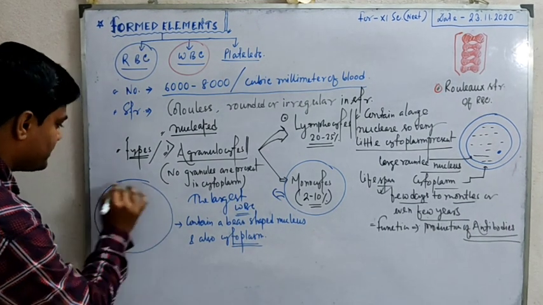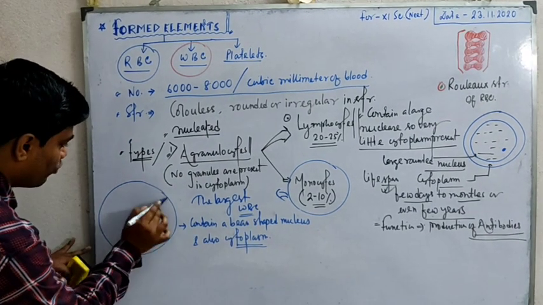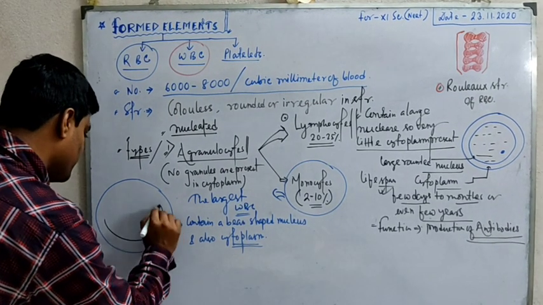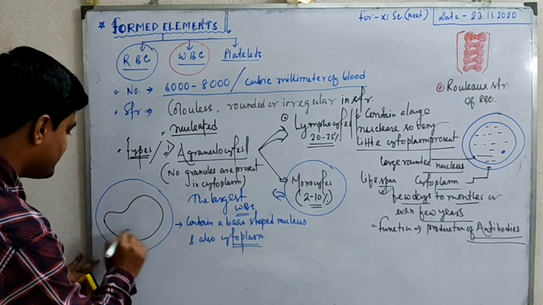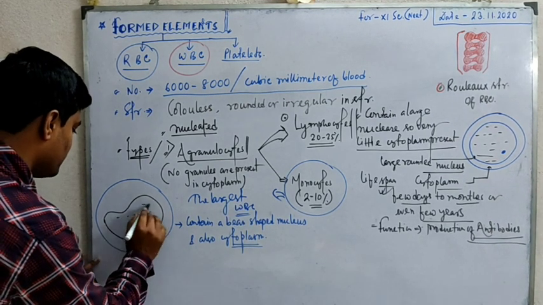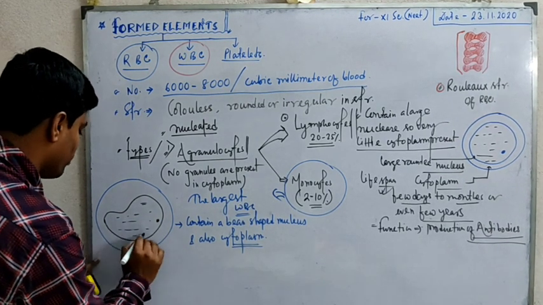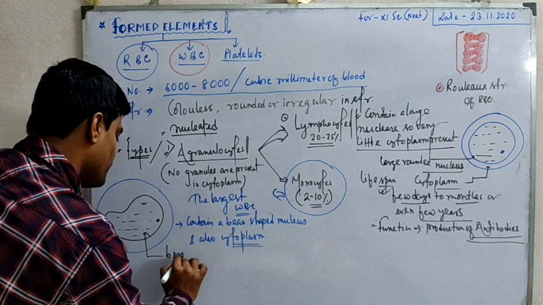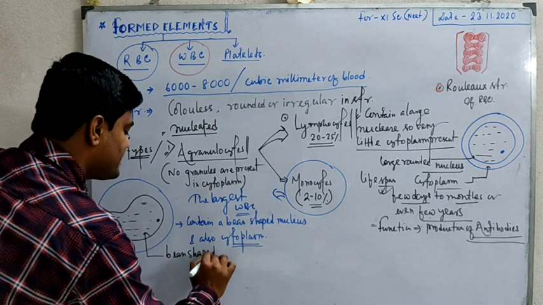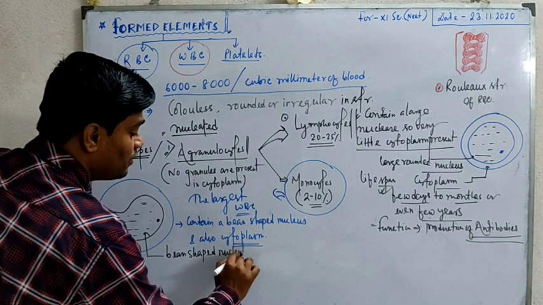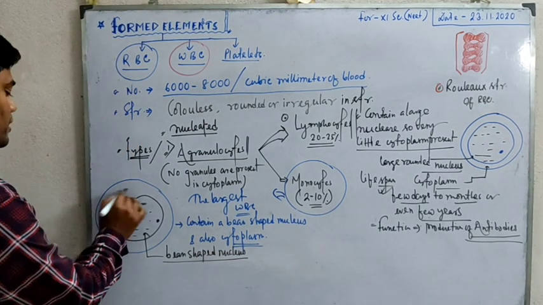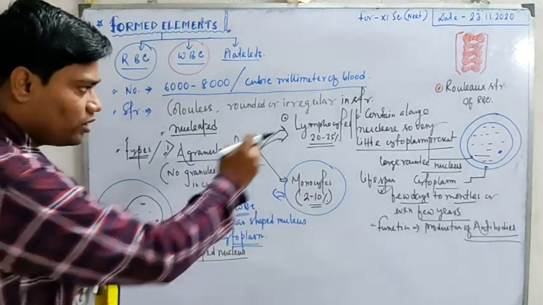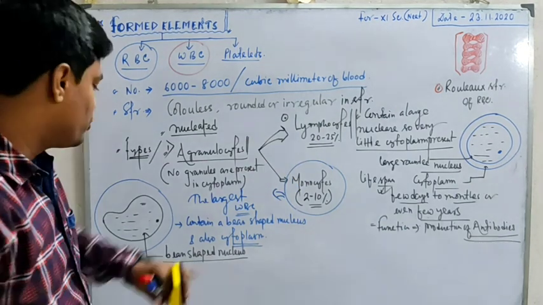If we draw a picture, that is the monocyte. This is the nucleus, as you see, a bean-shaped nucleus. So the space of cytoplasm becomes more than that of lymphocytes.